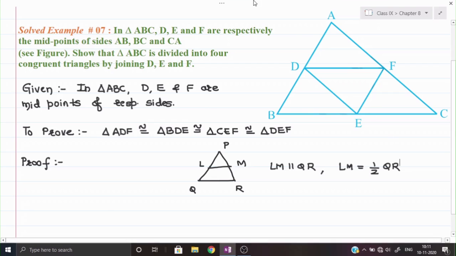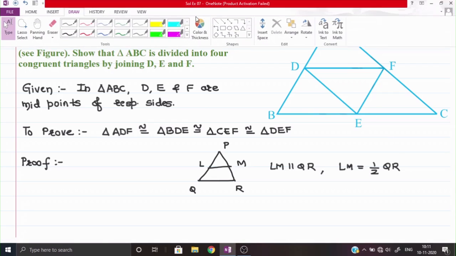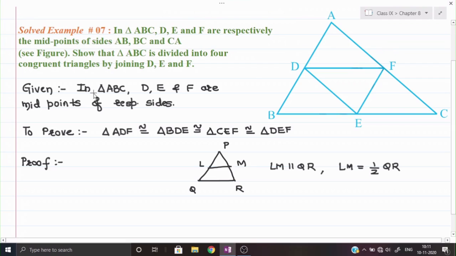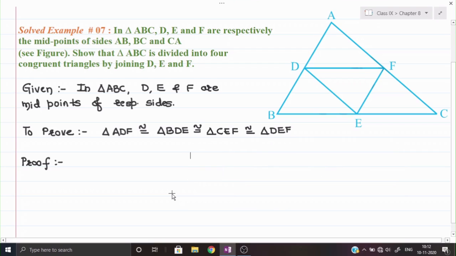So now see how we can use the midpoint theorem over here and find the required solution. First of all, we shall take one quadrilateral. There are some quadrilaterals you are seeing inside the triangle. That is a unique case here, but yes, it is true. For example, one quadrilateral is BEFD. Look at the quadrilateral carefully.